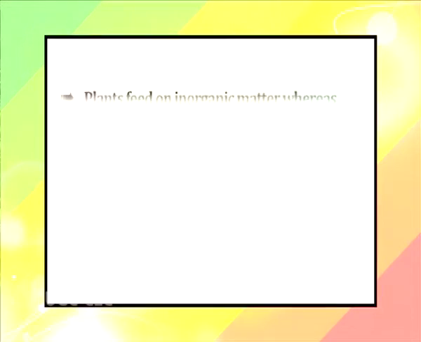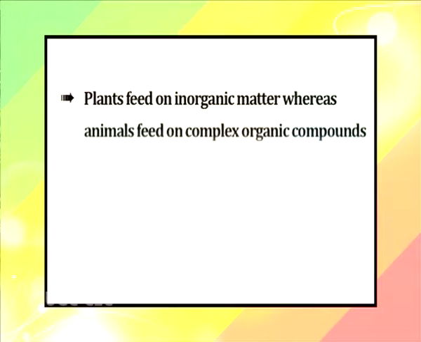In Linnaeus' time, a 2-kingdom system of classification with Plantae and Animalia kingdoms was developed that included all plants and animals respectively. This was based on the following points which could differentiate plants and animals. Number 1, plants feed on inorganic matter, whereas animals feed on complex organic compounds.